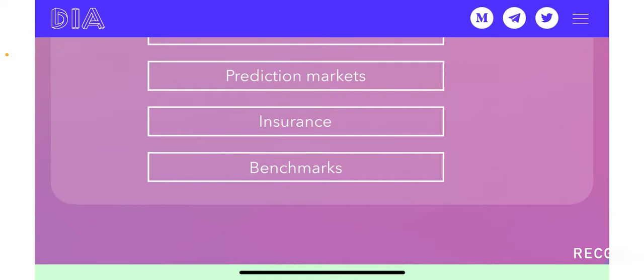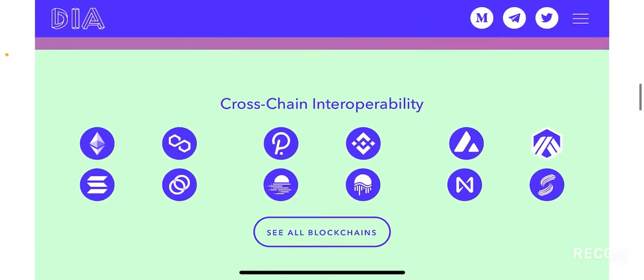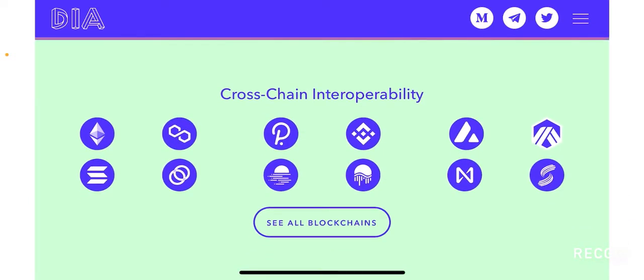If you see here, they are focused on cross-chain interoperability, so they work well with Ethereum. Again, any EVM compatible projects will definitely favor DIA because of its versatility as well as cross-chain functionality. And since it's already built on top of Ethereum, it's an Ethereum default dApp or project.